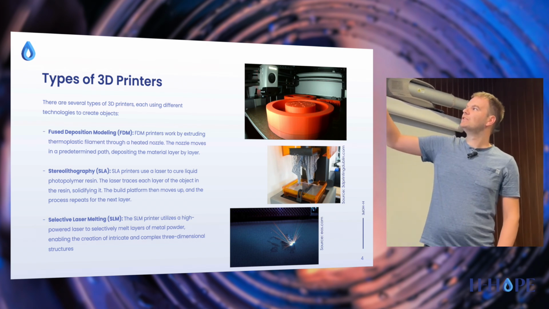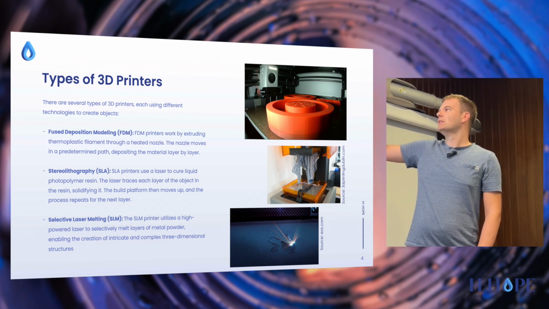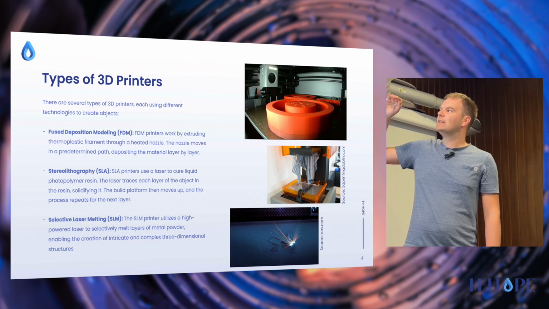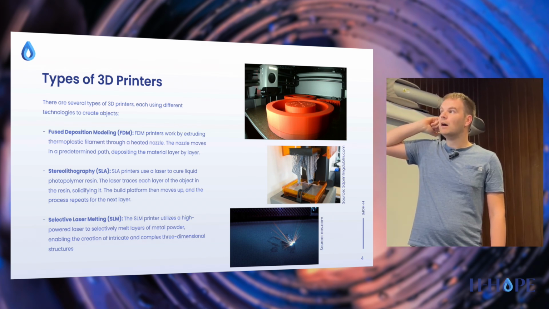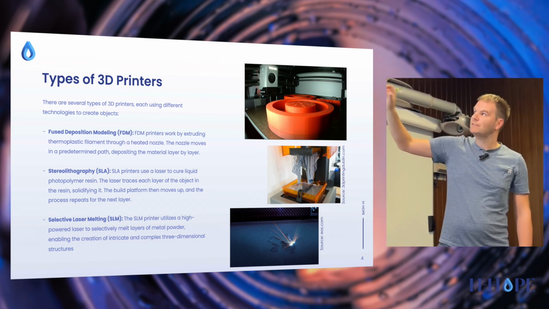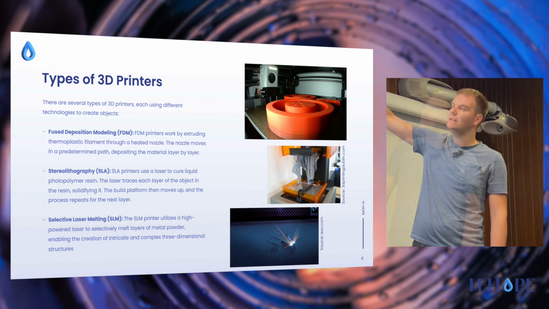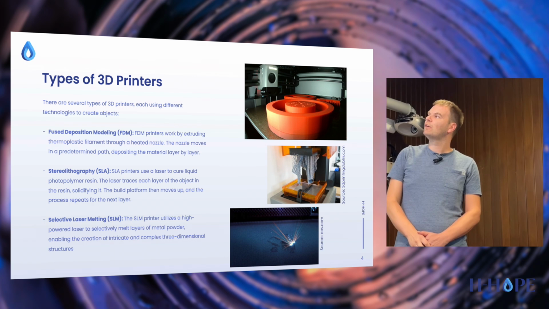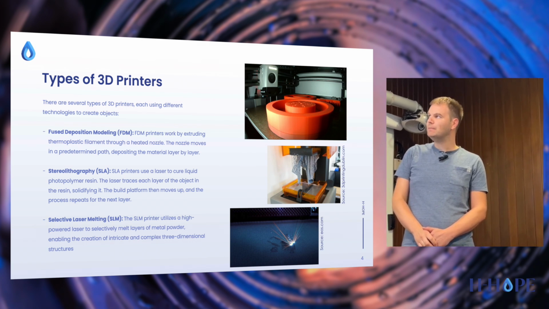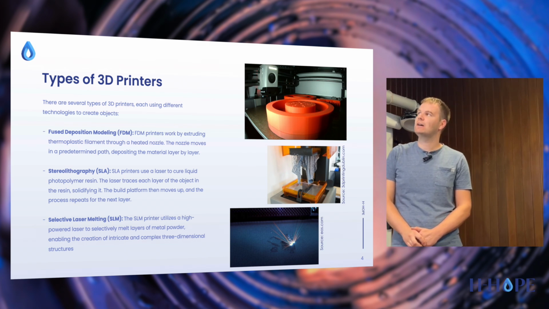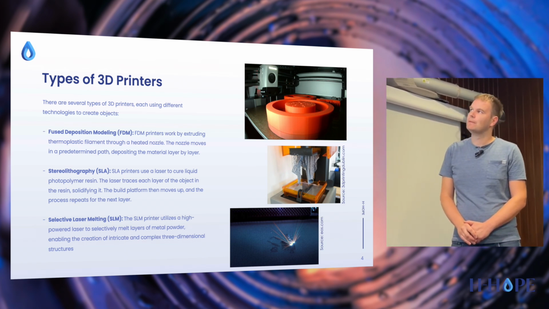The nozzle moves on a predetermined route, depositing the material and building the object layer by layer. So here is a time-lapse of building the 3D object of the HOP harvester rotor.